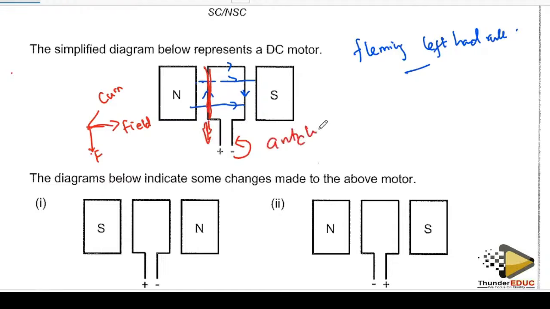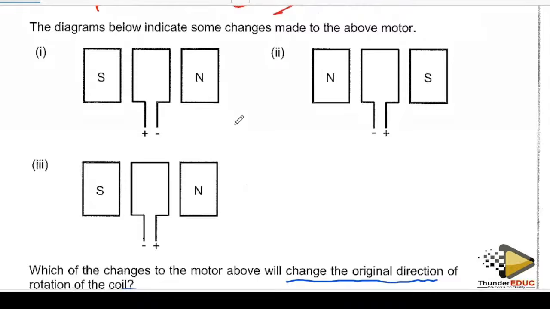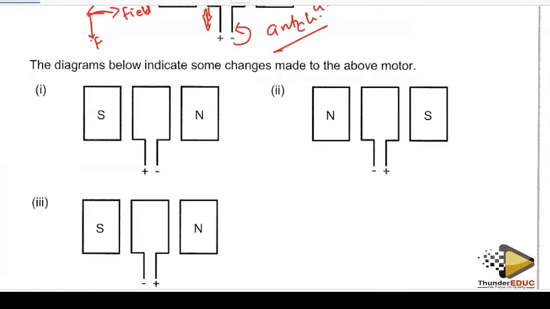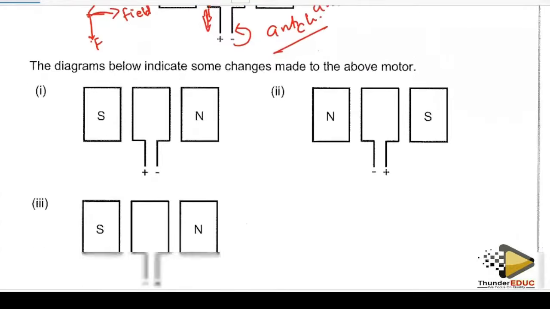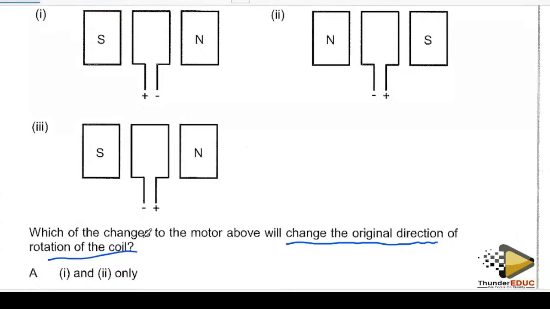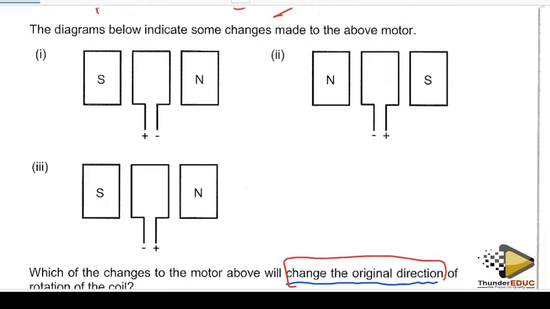So the question is asking which one of the given drawings is not going to be anti-clockwise. In other words, which one is going to be clockwise? Changes were made, so which of the changes will change the original direction? We want something that's going to create a clockwise direction.